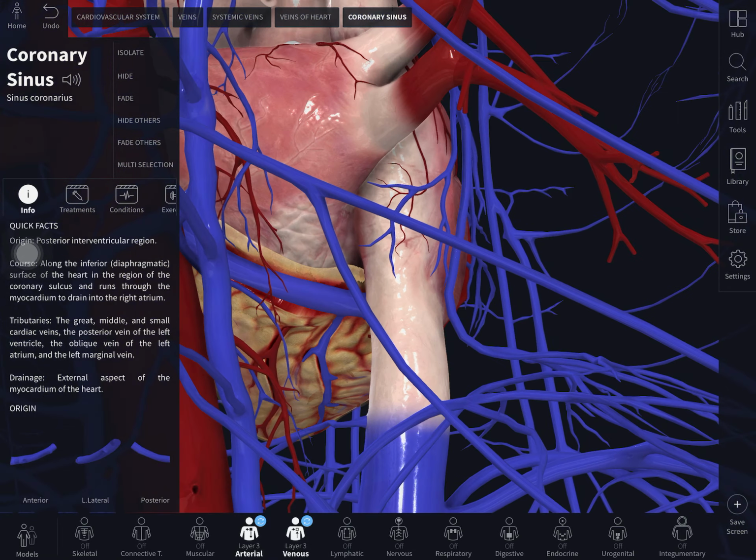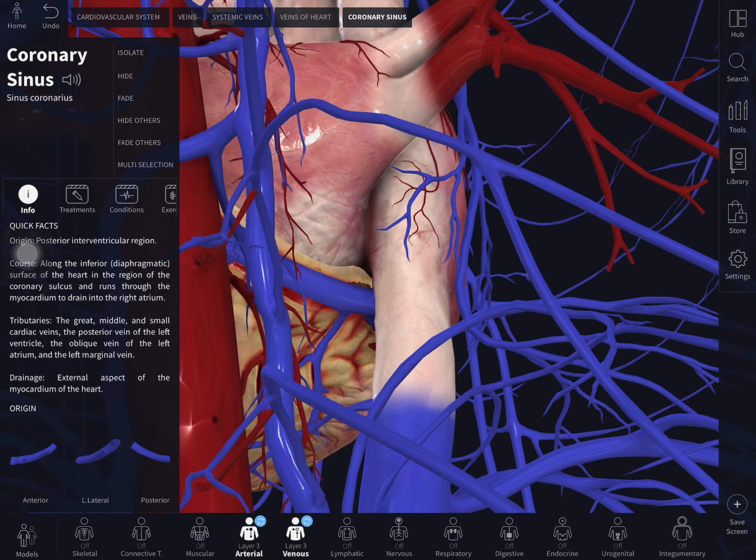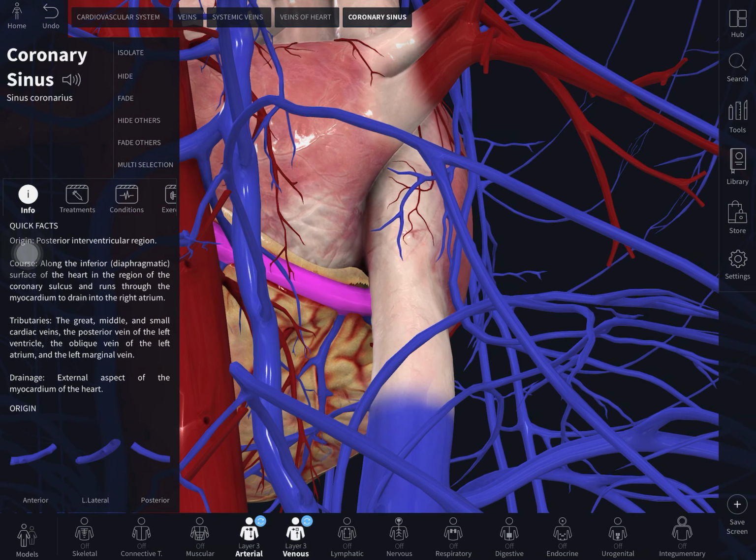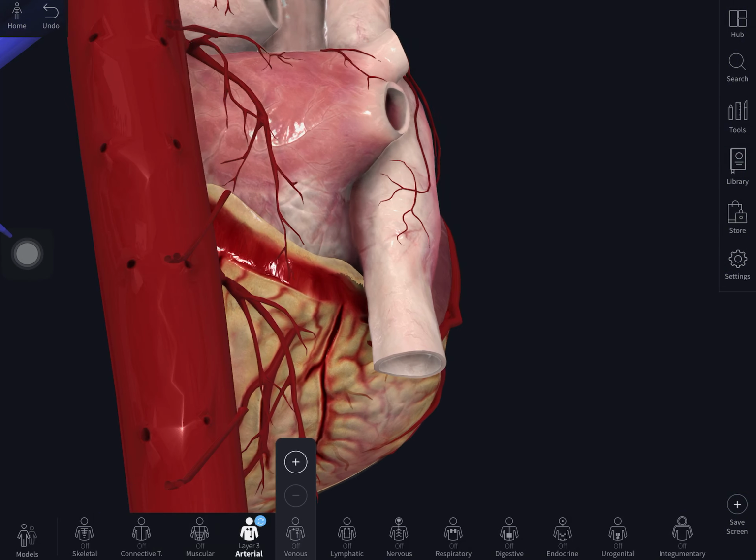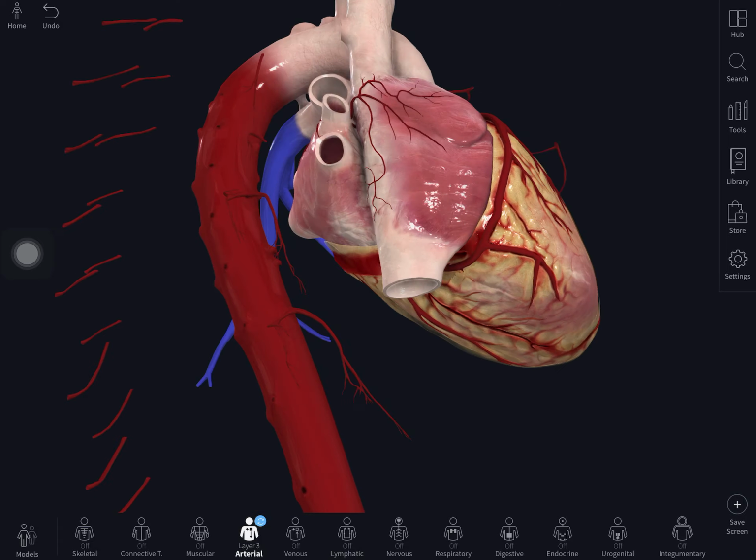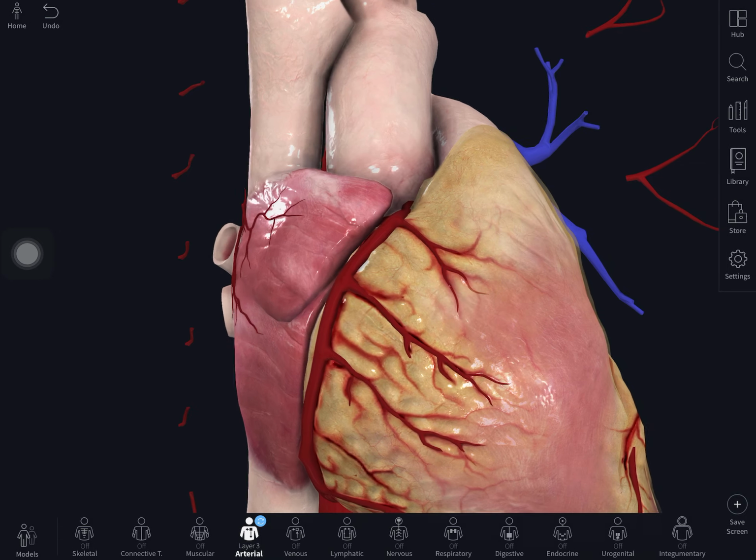This coronary sinus opens into the right atrium. This is nothing but a vein of the heart. So that is the coronary sinus.